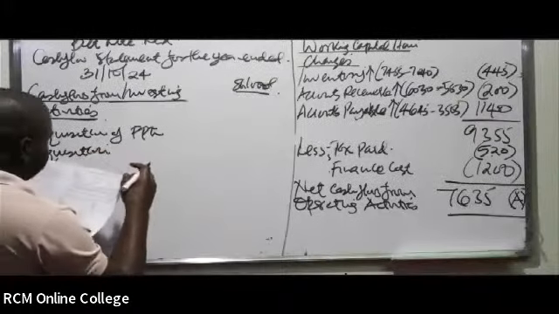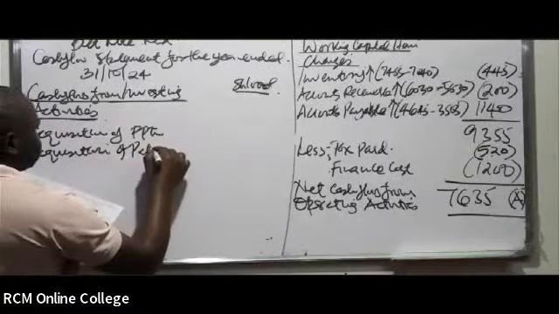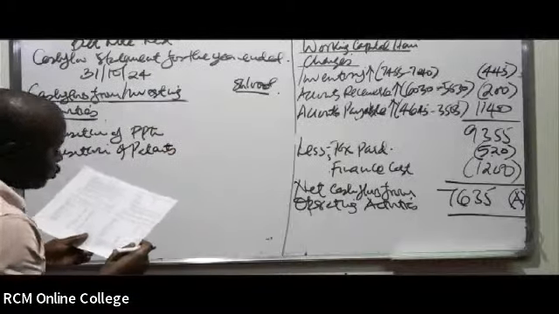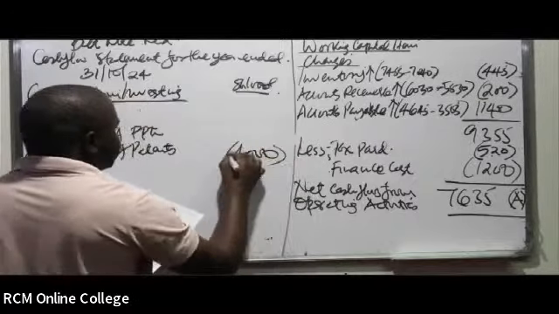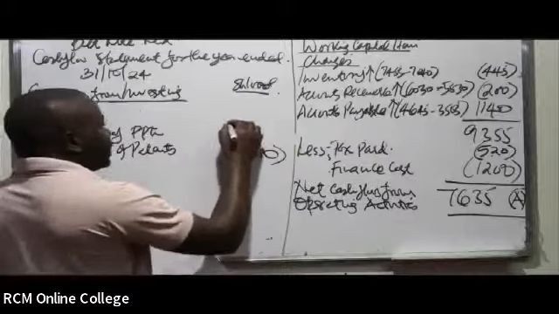Acquisition of patents was an amount of 4 million. Because it was an acquisition, you deduct. There was also an acquisition of PPE, which you've been able to get in the property, plant, and equipment. It was 16,595.